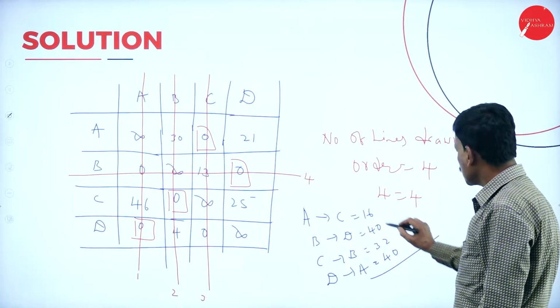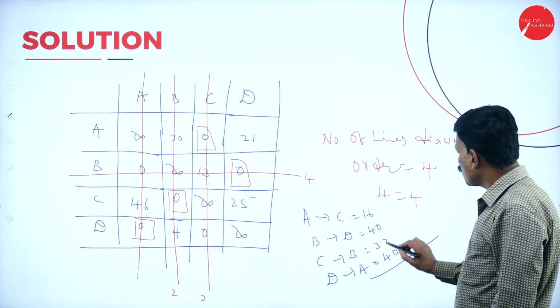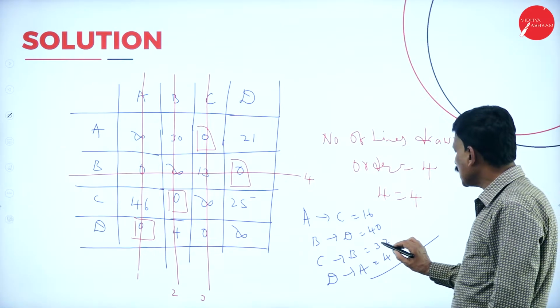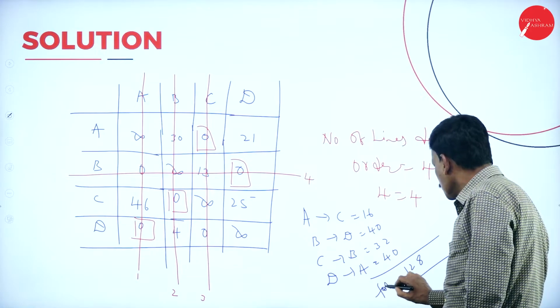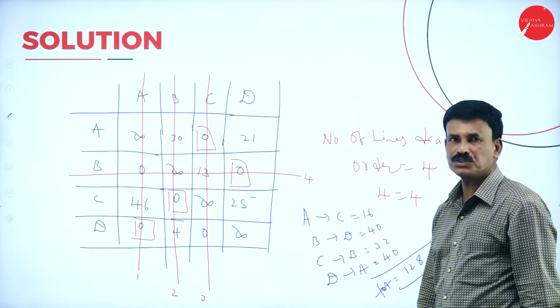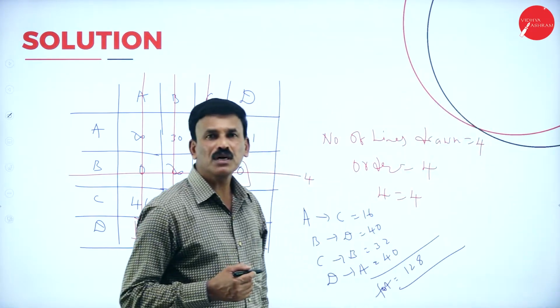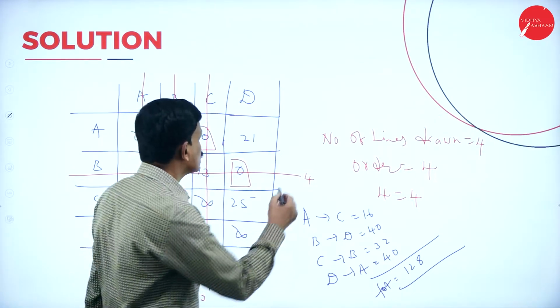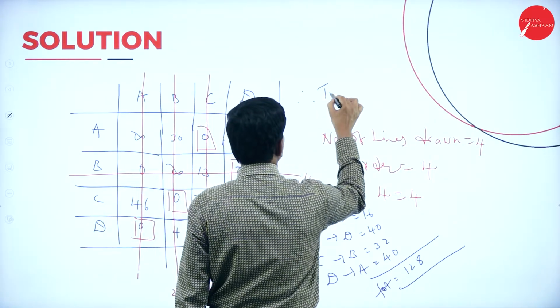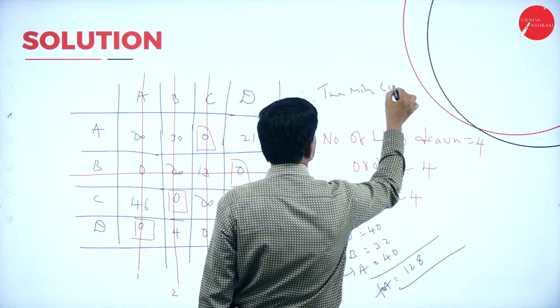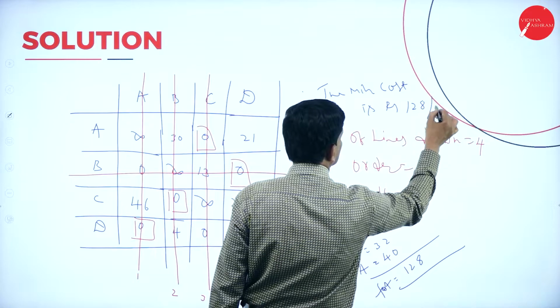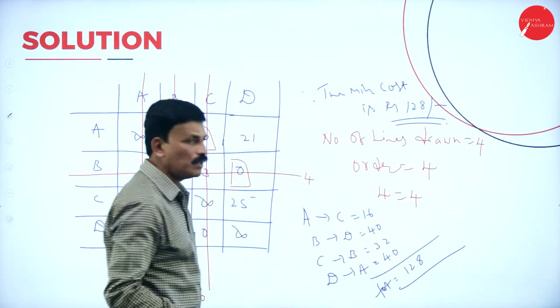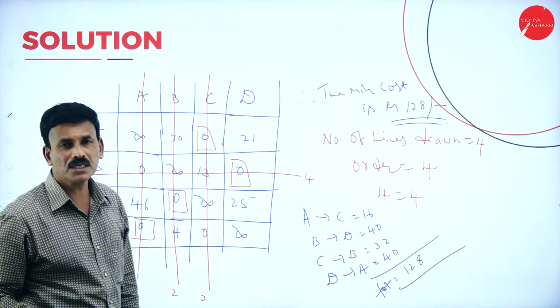Now this is 6 plus 2 is 8, 4 plus 4 is 8, 8 plus 1 is 9, 9 plus 3 is 12. So the total is equal to 128, that's it. Therefore the minimum cost is rupees 128.